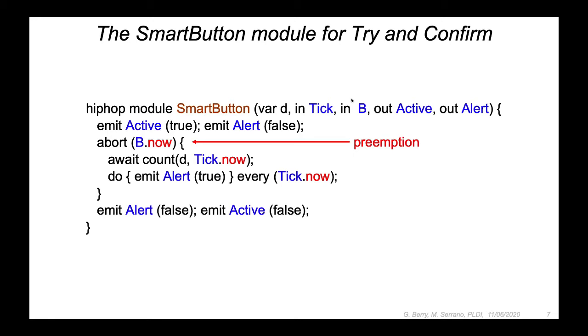So the body is: wait for the delay in the number of ticks, which will be maybe minutes, and then emit alert true at every tick. Notice that this behavior would be infinite if not killed by B. So preemption is absolutely fundamental to simplify programming. And then when this is over, when B is pressed, we reset the button to the normal state, false, false.